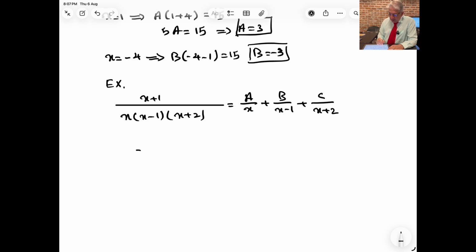You can see that I can choose the common denominator. Then the common denominator will be x times (x minus 1) times (x plus 2).